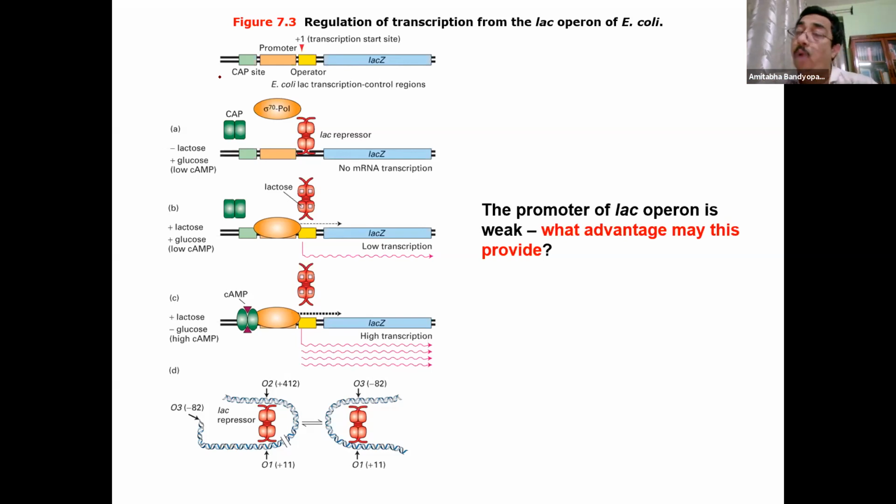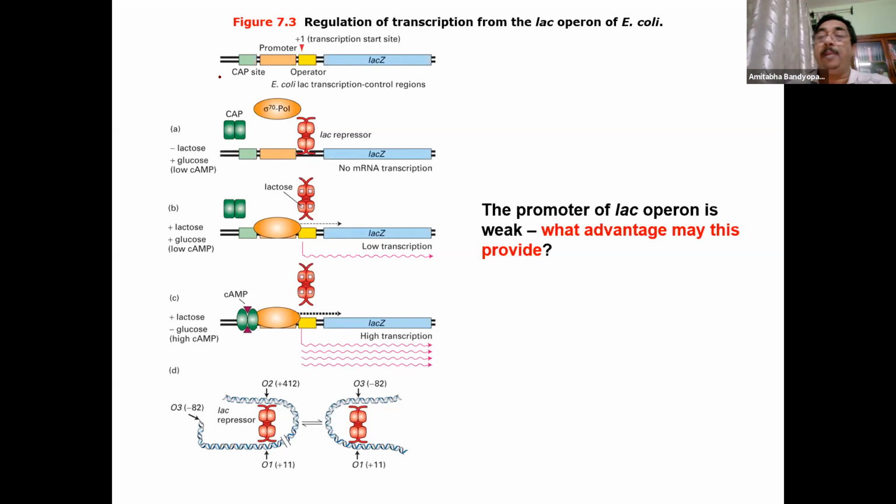But here, you don't want transcription to happen. The default state is no transcription. So therefore, the promoter is weak inherently. When you want, you can rapidly ramp it up because it's an inducible promoter.